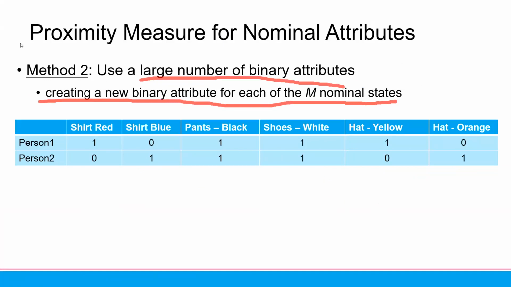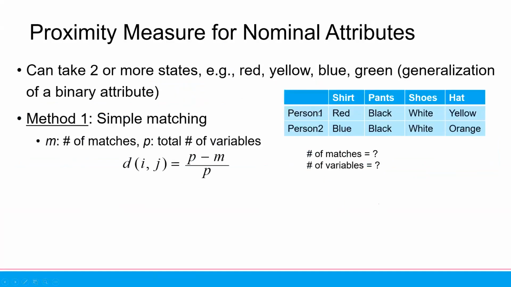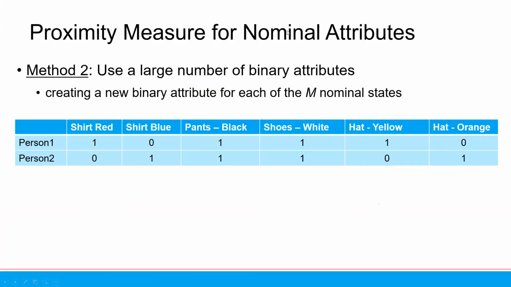Based on the previous data, you can see that person 1 is wearing the red shirt. So we change this red shirt into a column: shirt is red. For person 1 it is 1 because the person is wearing the red shirt.